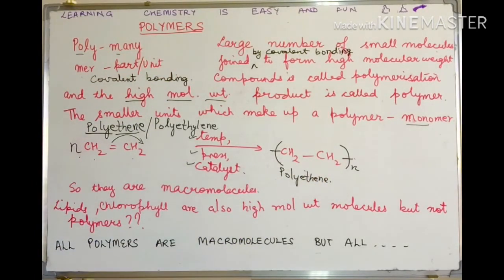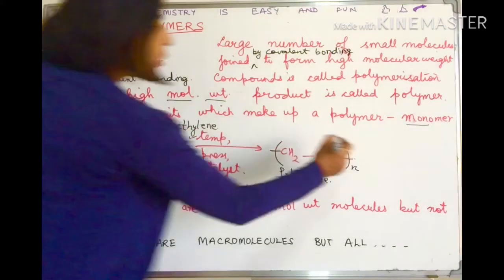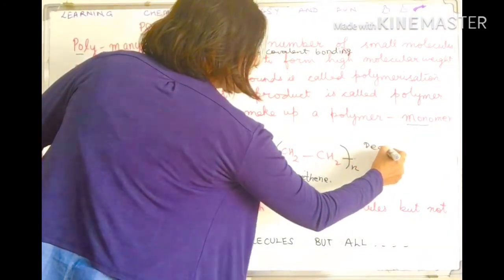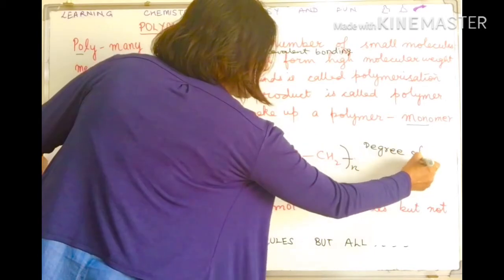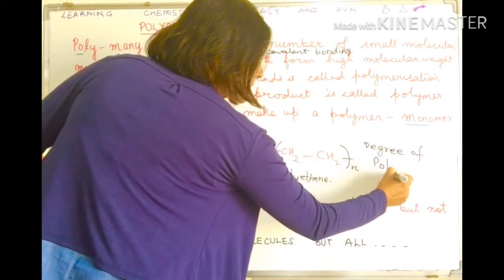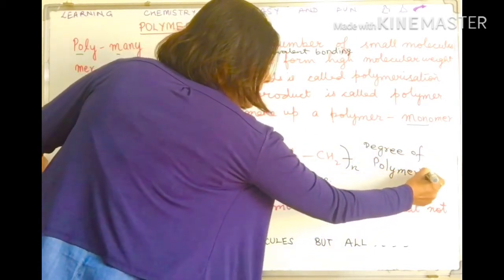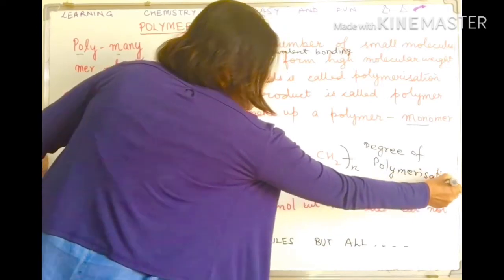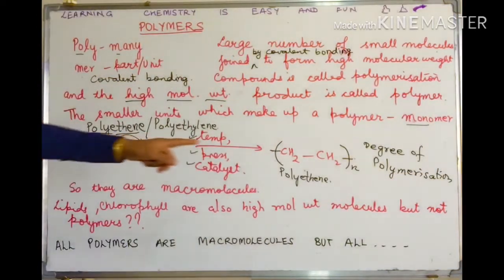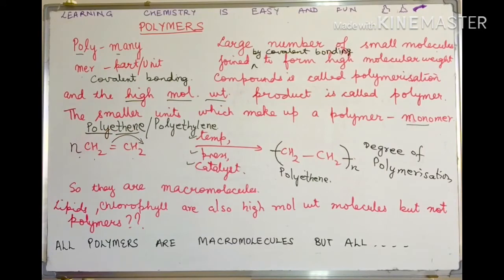Correct? What is degree of polymerization? Another term. Can you guess? How many molecules make up a polymer is what is called the degree of polymerization. Just now I told you polythene is made up of around 50,000 ethene molecules, right?